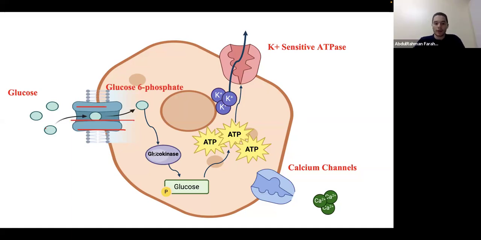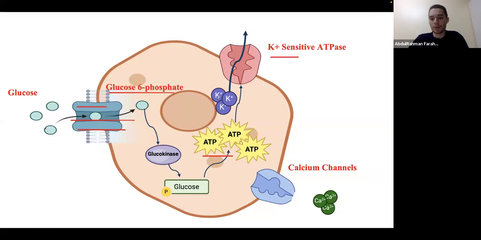This glucose then gets phosphorylated, and so we trap this glucose, and it becomes glucose 6-phosphate. As you know, it would go through glycolysis, Krebs cycle, and so on and so forth to produce ATP. Now, this ATP is important because it inhibits the potassium-sensitive ATPase.